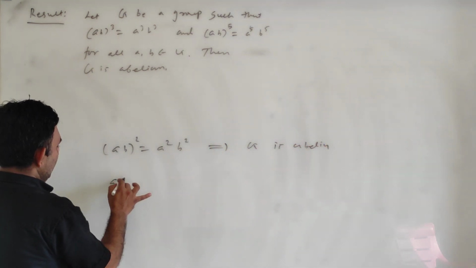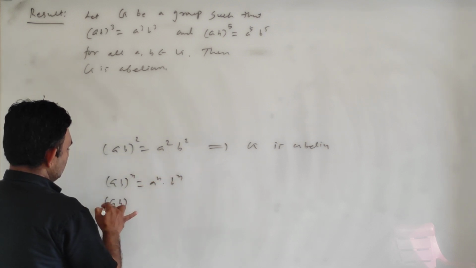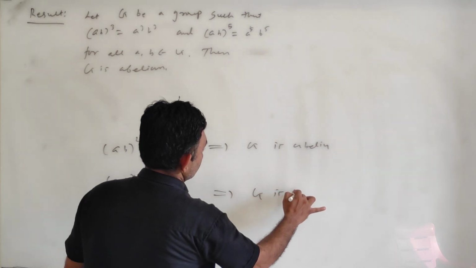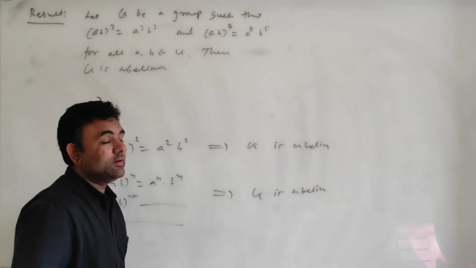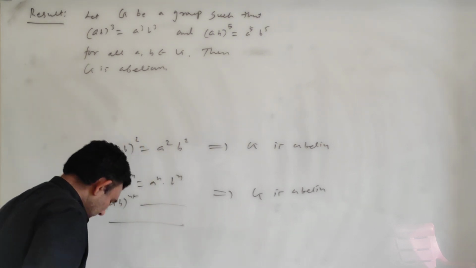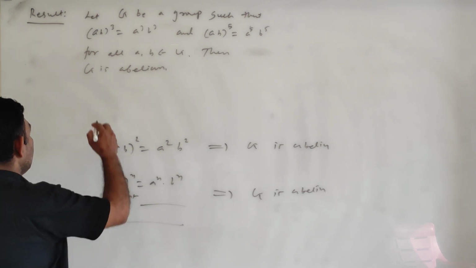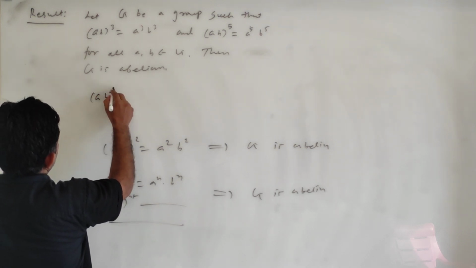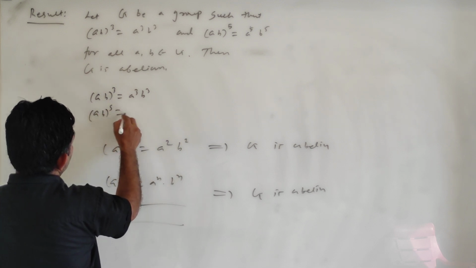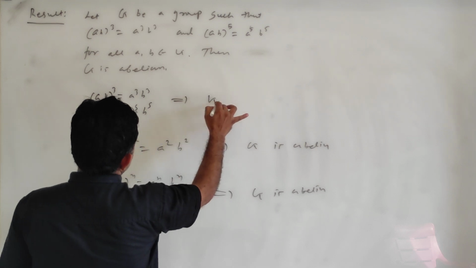Then we proved that ab raised to n is equal to a raised to n into b raised to n, ab raised to n plus 1, etc., implies G is abelian. And in this result we claim that if ab cubed equals a cubed b cubed, and ab raised to 5 is equal to a raised to 5 b raised to 5, then G is abelian.